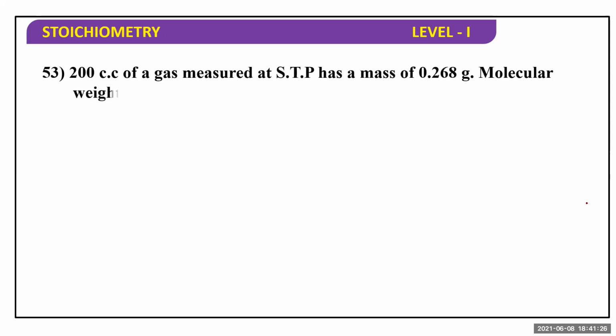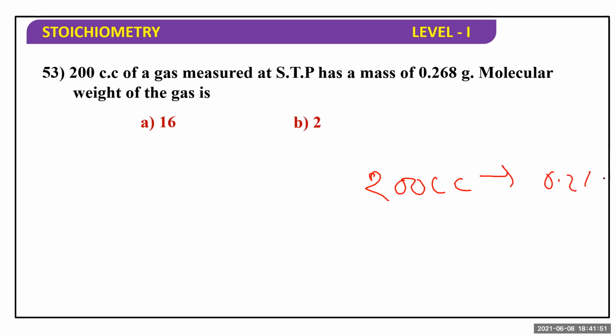Now, 200 cc of a gas measured at STP has a mass of 0.268 grams. Molecular weight of the gas is, which one is the correct? So 200 cc equals 0.268 gram.